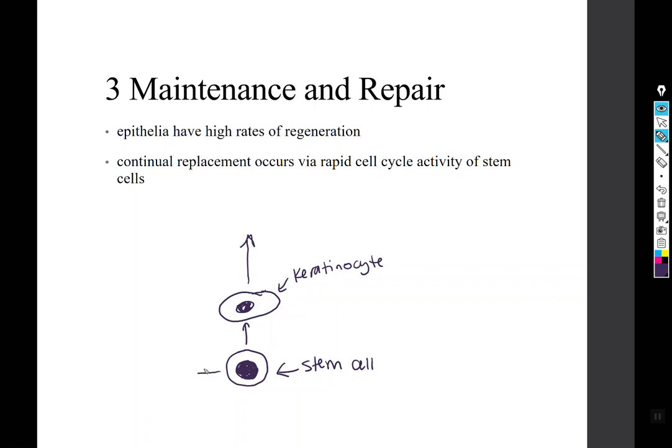But the other daughter cell is not also going to be a keratinocyte. The other daughter cell is going to be another stem cell. So in this way, there is a constant, steady supply of both keratinocytes and new stem cells. So you don't run out of either. Clever, huh?